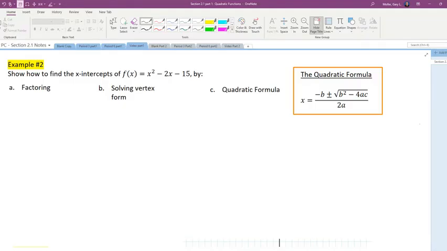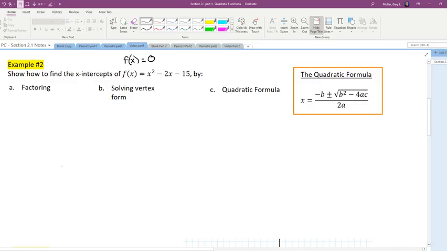In other words, when does this function intersect the graph of y equals 0? Or really, the best way to think about this is, when are the outputs equal to 0? To answer this question, we have 3 typical methods that we'll review right here. One would be to factor.